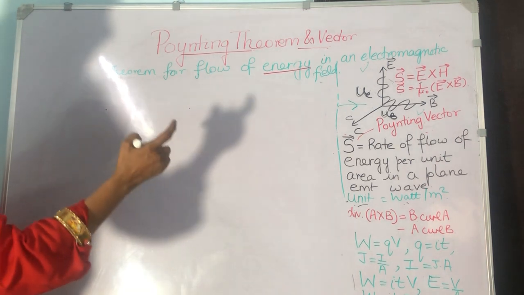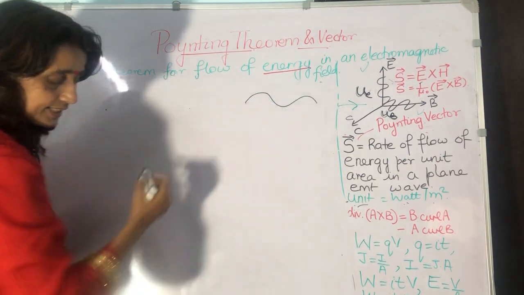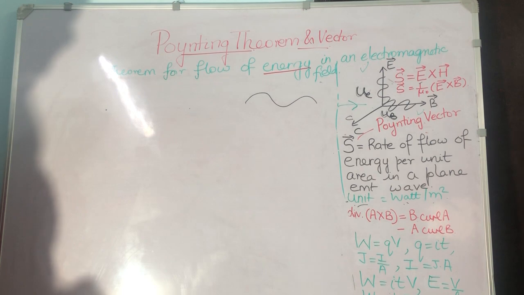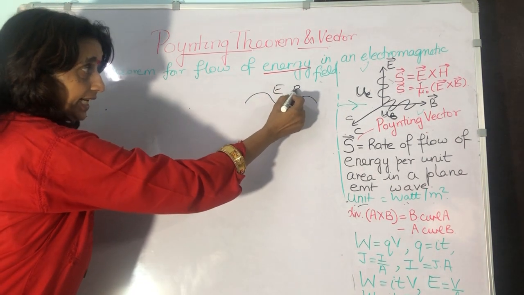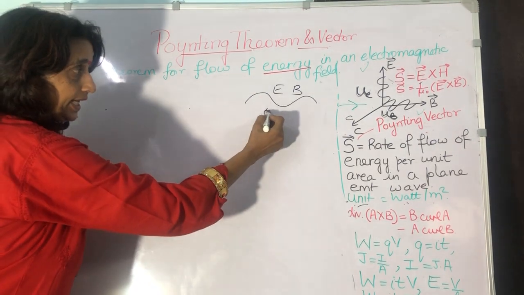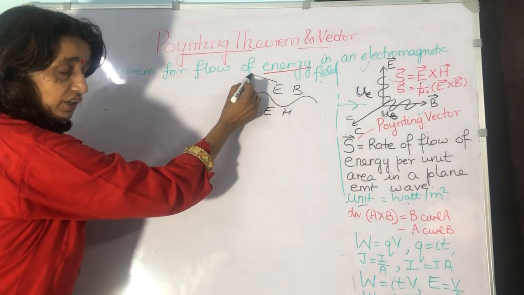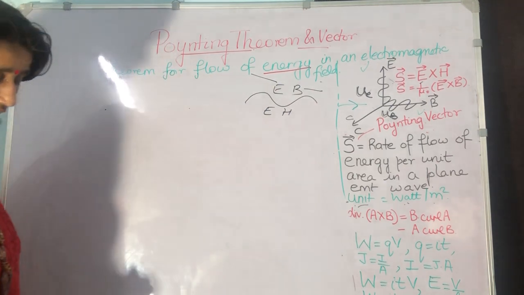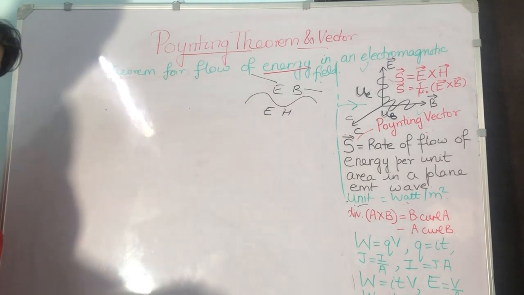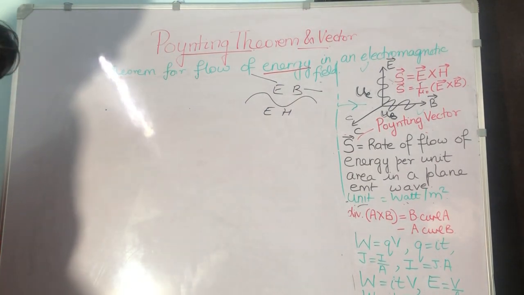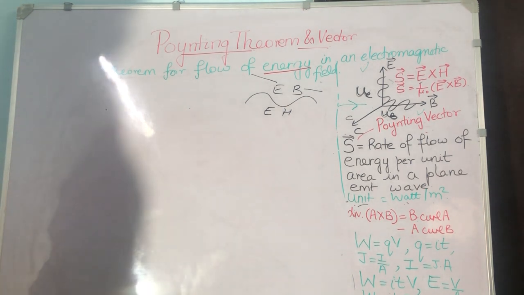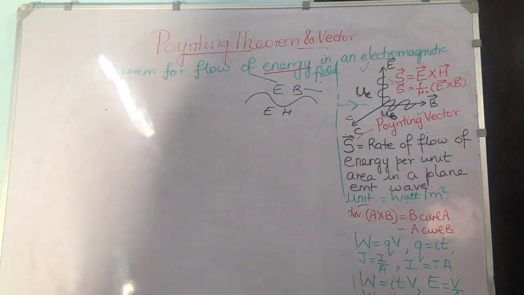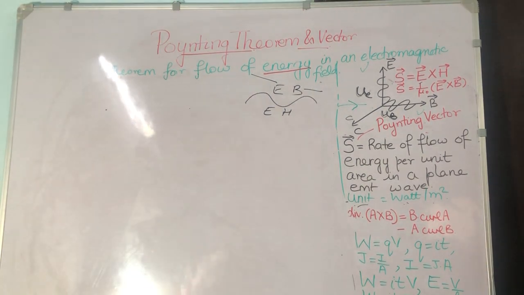The rate of flow of this energy transfer is expressed in terms of E and B or E and H, the electric field component and the magnetic field component in a plane electromagnetic wave, and this is described with the help of the Poynting vector, represented by S.